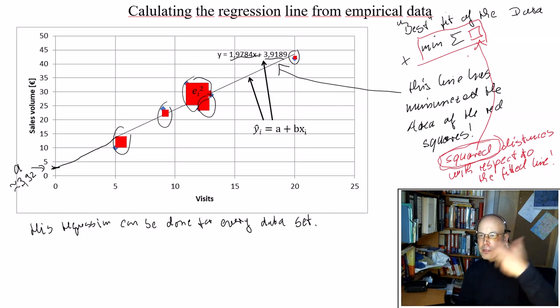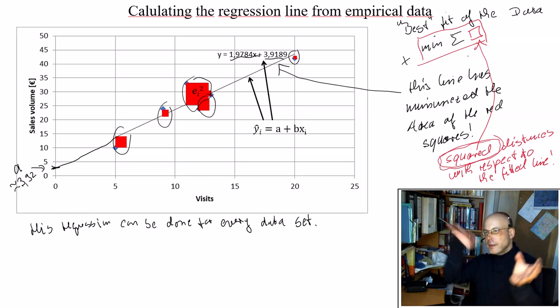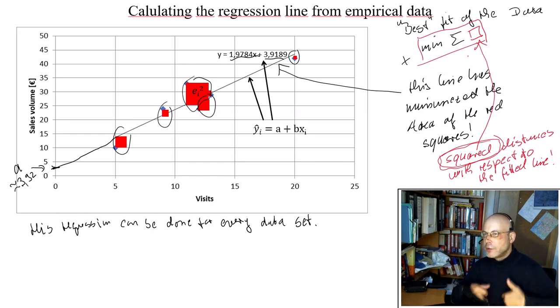Then the higher value, so you are measuring because you are squaring, and if you have a distance of 4 and you're squaring it, then you take 16, and if you have only 1, then 1 squared is still 1. So the outliers, they get a higher value.